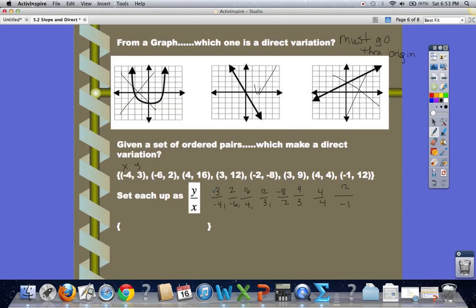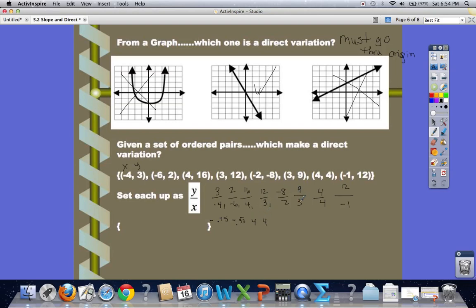If you divide 3 by negative 4, you're going to get a negative 0.75. If you divide 2 and negative 6, you're going to get a negative 0.33, repeating, I think. 16 divided by 4 is 4. 12 divided by 3 is 4.